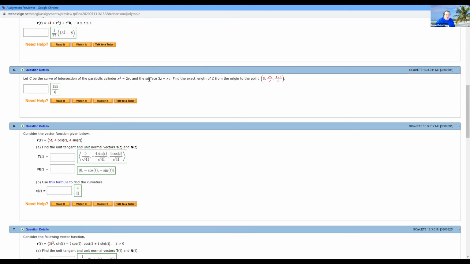X squared equals 2y and the surface 3z equals xy. So the first part of that process, and I'm actually going to do this one: you have a surface x squared equals 2y, and it's meeting up with another surface that has a formula 3z equals xy. And we're being asked to find the length of the curve from the origin to the point (5, 25/2, 125/6).